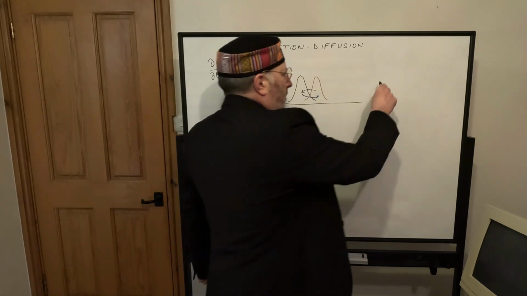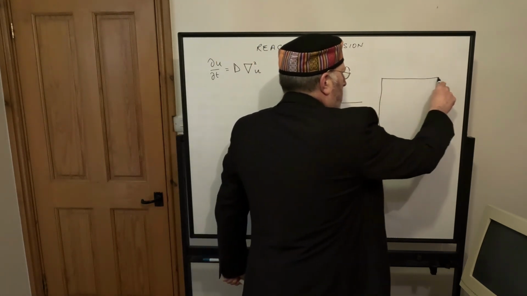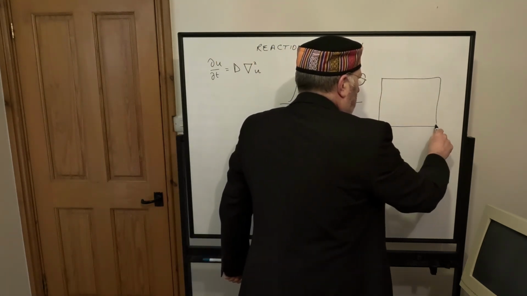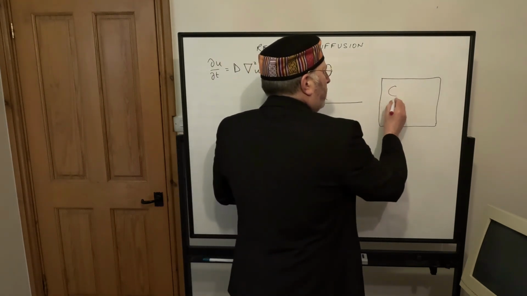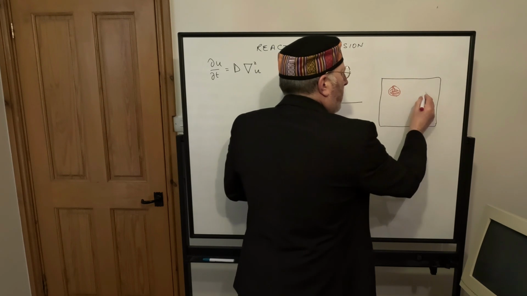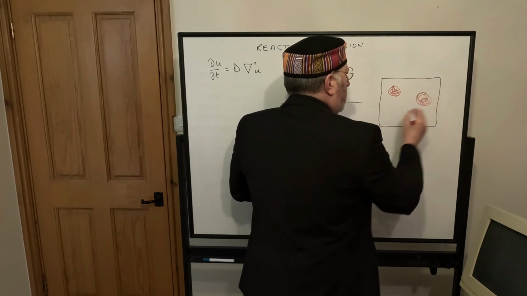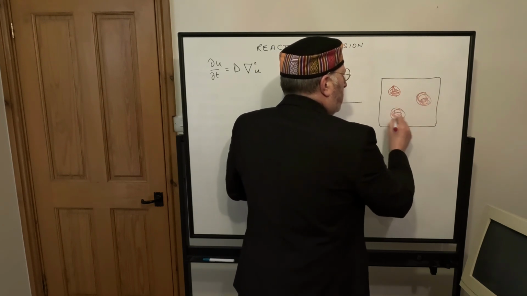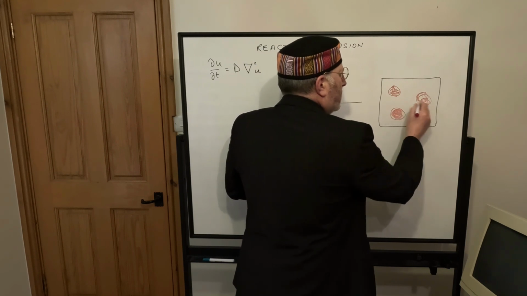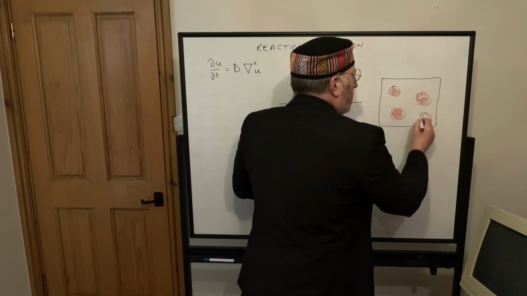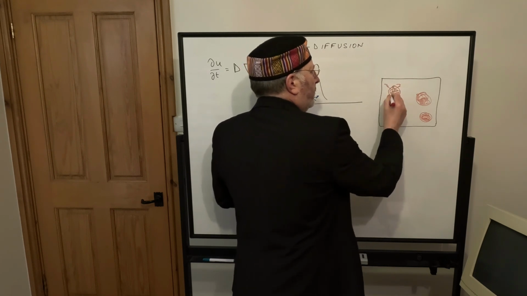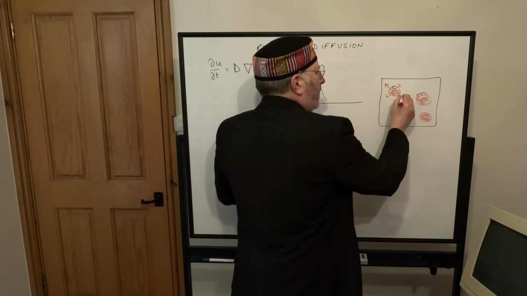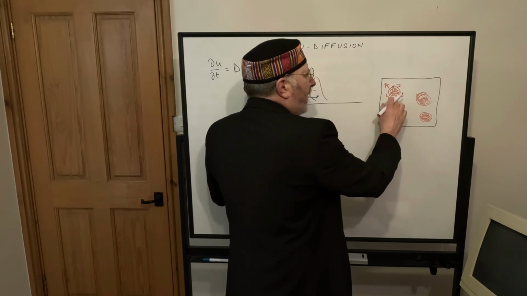And in 2 dimensions, it looks something like this, where you've got patches of chemical reactions occurring in particular places and diffusing out and affecting what's happening in their surroundings.